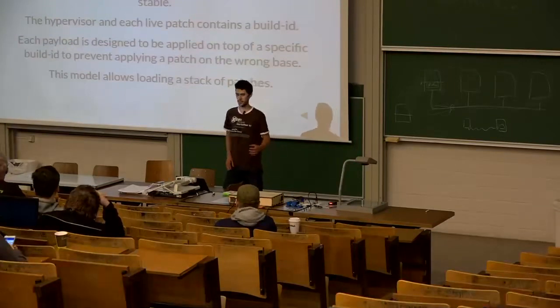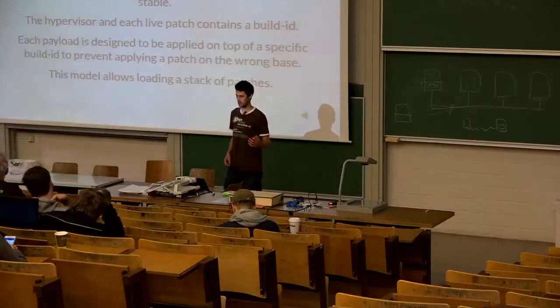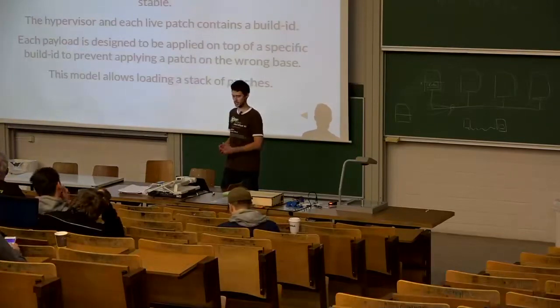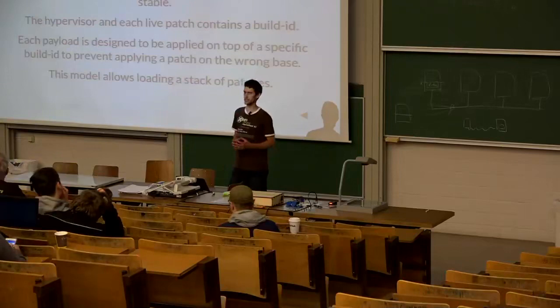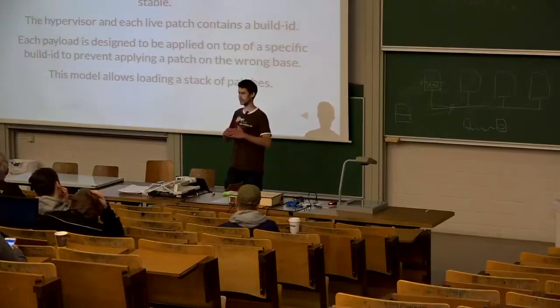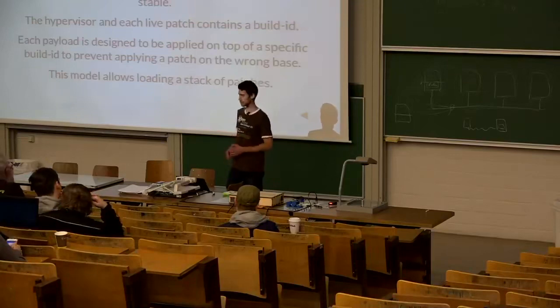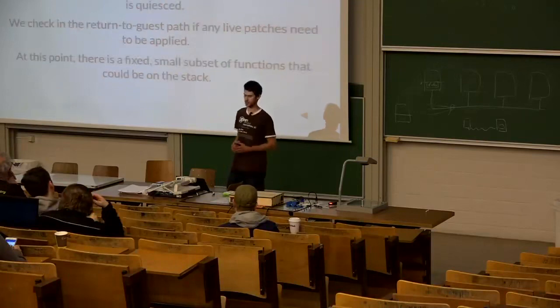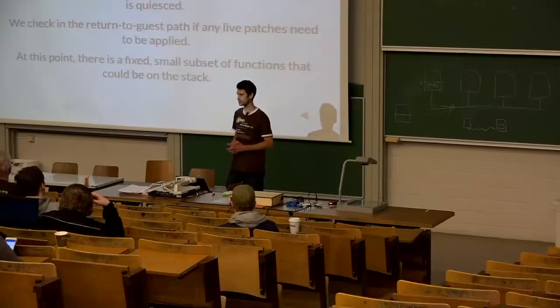And each payload then is allowed to, at build time, say on which build ID it needs to be applied. This then creates a model where you have a stack of live patches, and at the base is the original hypervisor. So this is how we allow applying multiple payloads. It's not the most flexible of models, and we could consider changing it in the future, but this is what we've got for the moment.